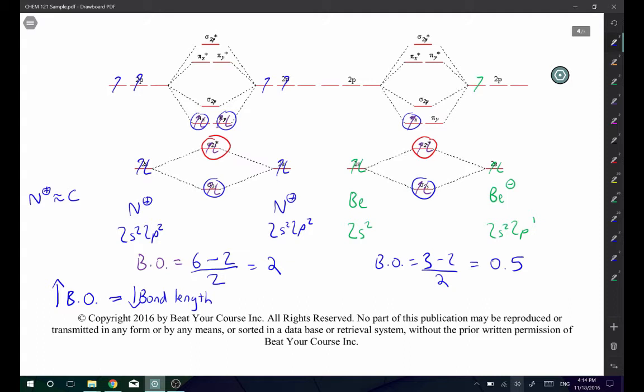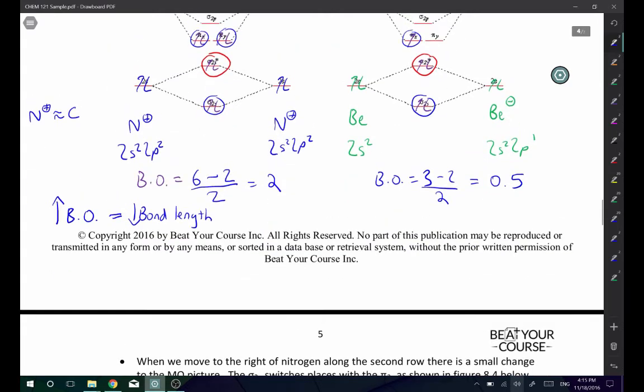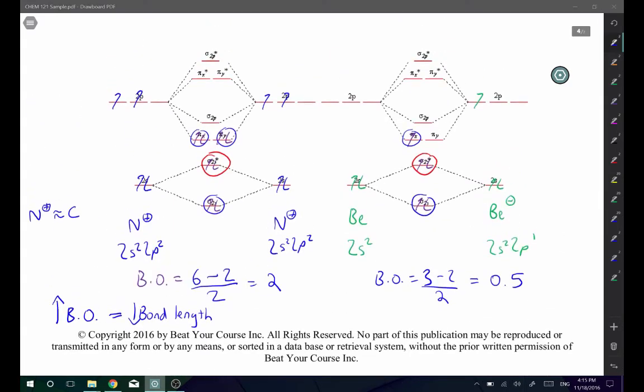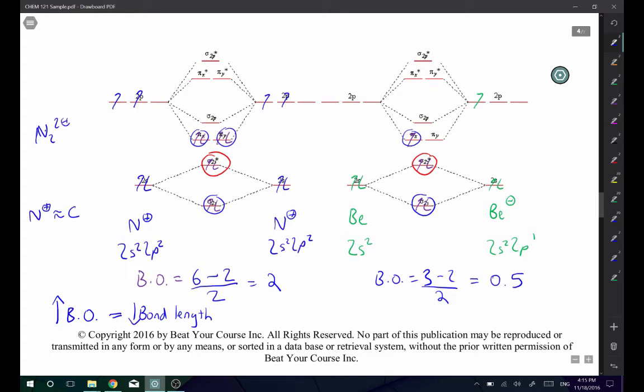It just does the opposite of whatever the bond order has done. If the bond order has increased, you have a shorter length. And that's all you really need to remember. So, for example, I can say that N2 2 plus, when this has a bond order of 2, this must have a shorter bond length than beryllium 2 with a negative charge, which is indeed the case.